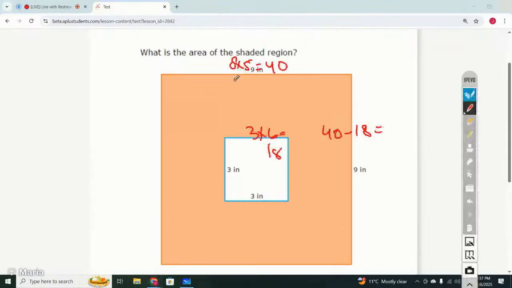What is the area of shaded region? That is 9 times 9 equals 81.